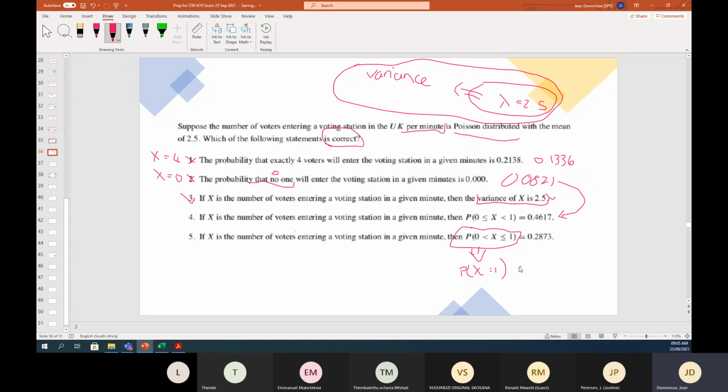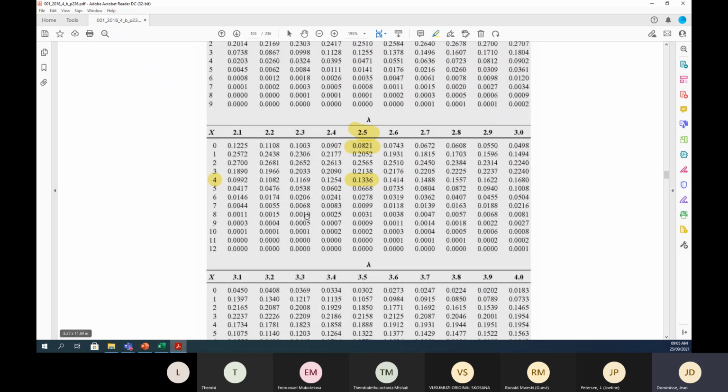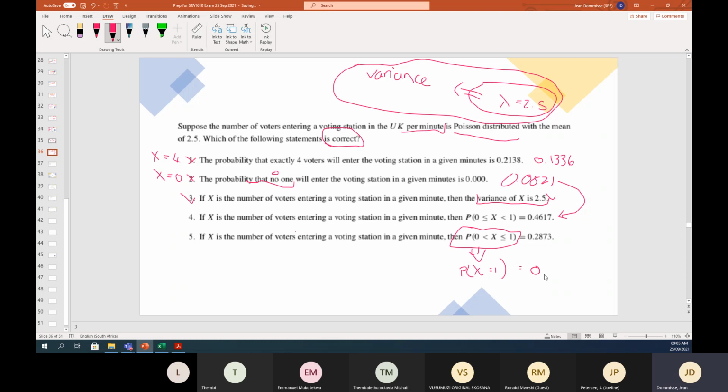So X equal to 1 is 0.2052. So that is why that one is also wrong. But I just wanted to show you how to work it out when you get it in this format.